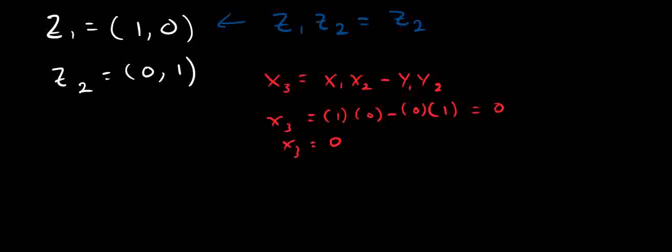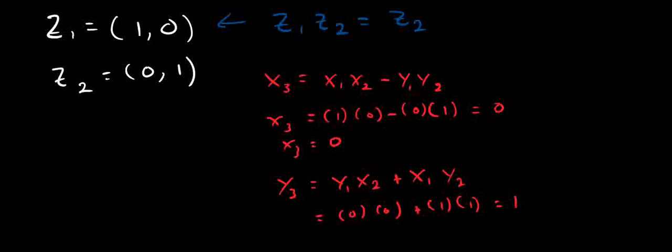Let's see what our y3 value is equal to. y3 is equal to y1 times x2 plus x1 times y2. y1 is 0, x2 is 0, x1 is 1, and y2 is 1.